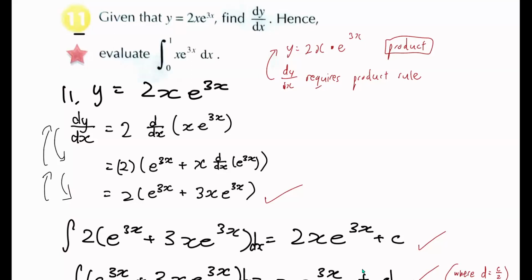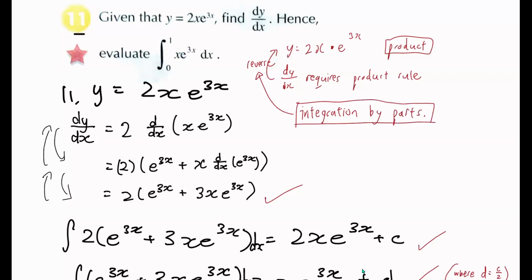But of course, it's not that simple. And this topic of reversing has a special name. At least one interpretation of the reverse of a product rule is integration by parts. It's a very, very famous technique. It's in the syllabus of H2 Math, integration by parts. But for now, I won't go through it because it's a bit complicated.